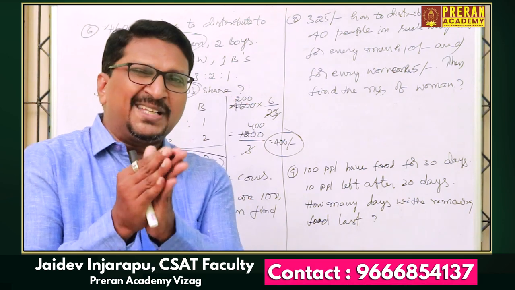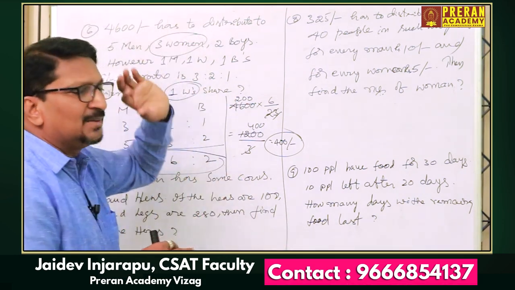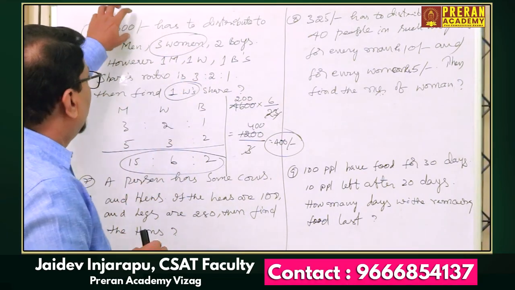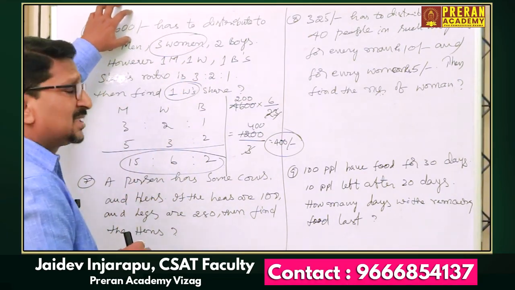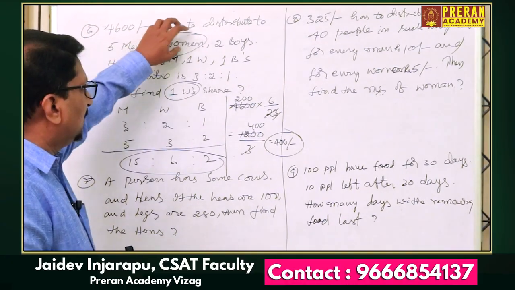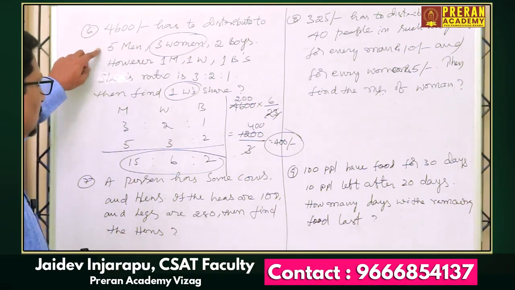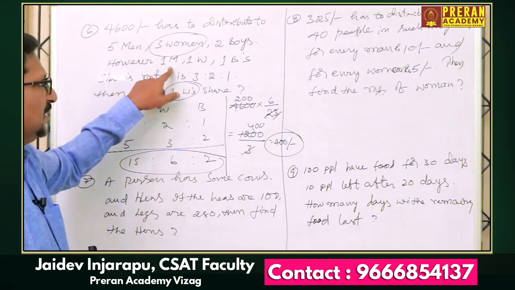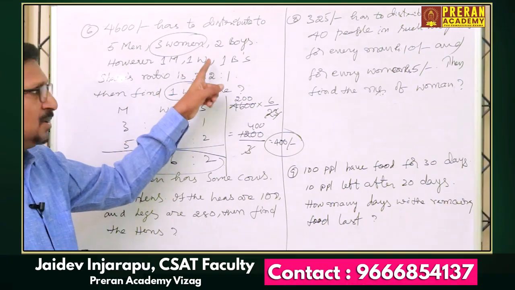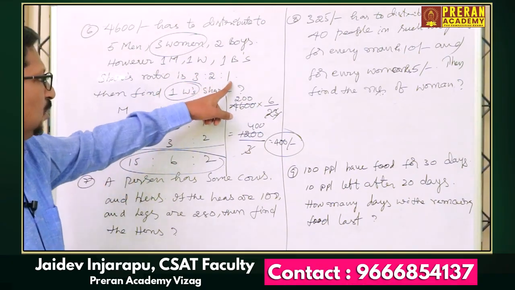I am telling you once again. I am able to calculate easily because I am able to understand the given data. 4,600 rupees are there. He has given a condition: 5 men, 3 women and 2 boys. We have to distribute, but the ratio is given in a different way. 1 man, 1 woman, 1 boy's ratio is 3:2:1.